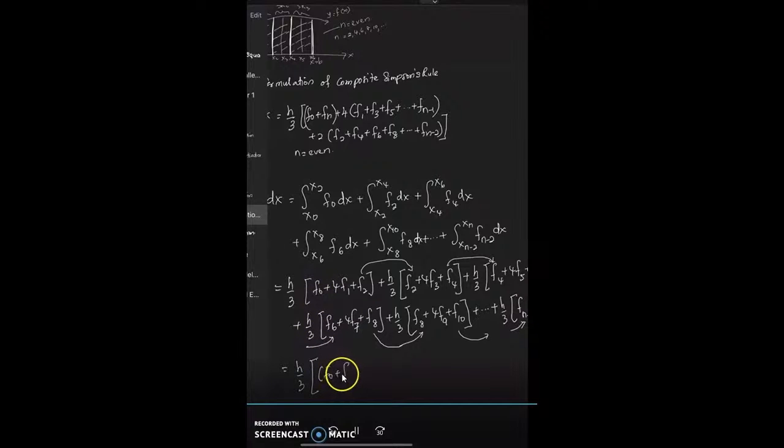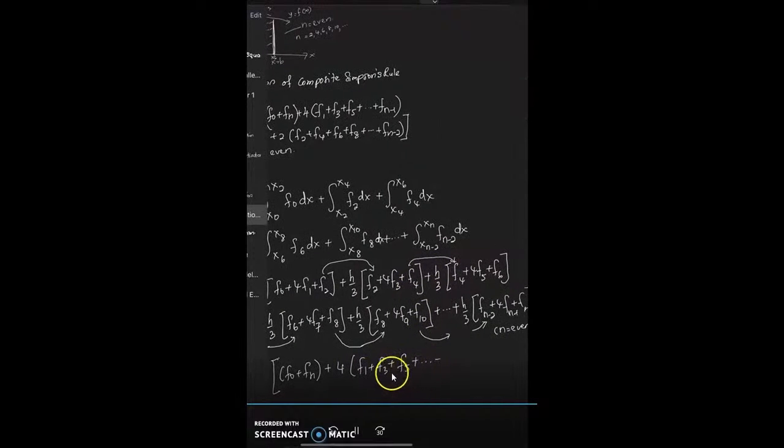So the answer is f0 plus fn plus, since there is an odd number, 4 times the summation of f1 plus f3 plus f5 plus f7 plus f9. So there is a summation of the odd number, we call it b.